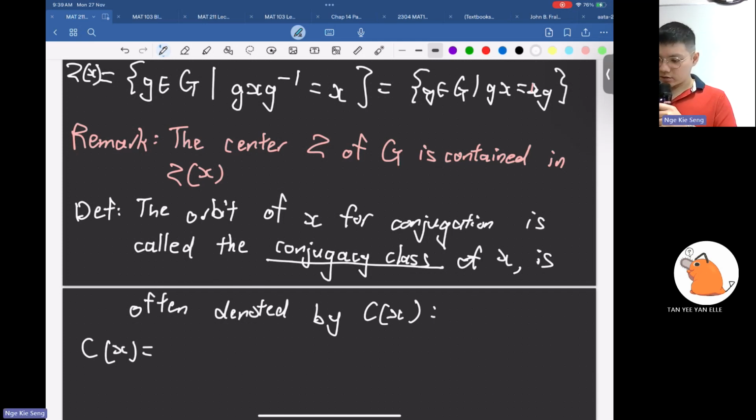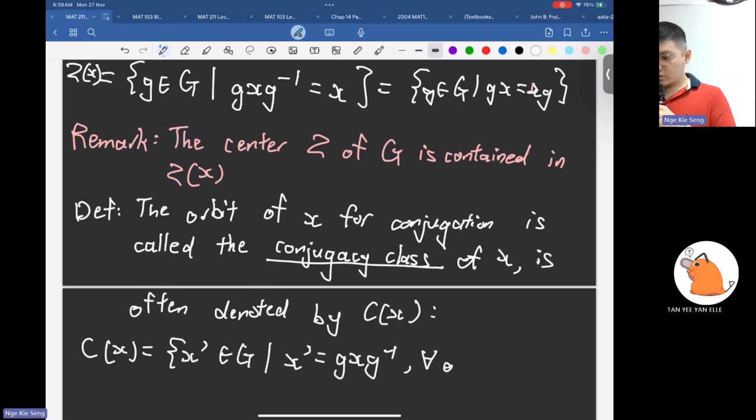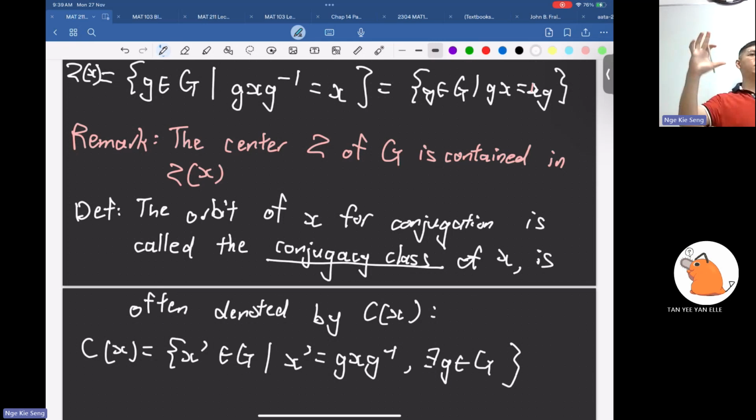Cx equals x prime in G, where x prime equals G x G inverse for some G. So you take an x, conjugate with all the elements in your G, and collect all these elements. This forms an orbit, and this is what we call the conjugacy class.